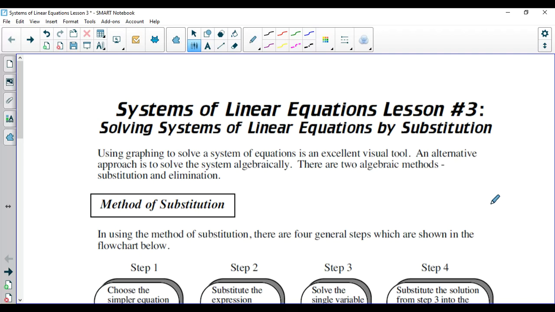Now, if you have one intersection point, it means that your system has one solution. If you plot your lines and you have parallel lines, which means they have the same slope, the two lines will never intersect, in which case you would have zero solutions.